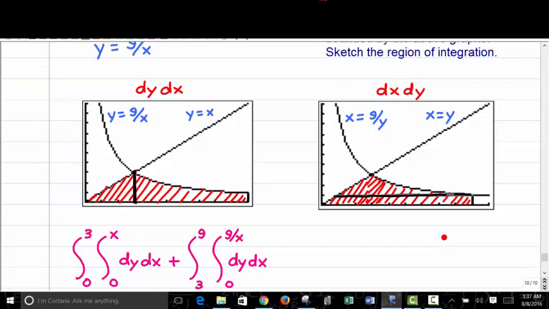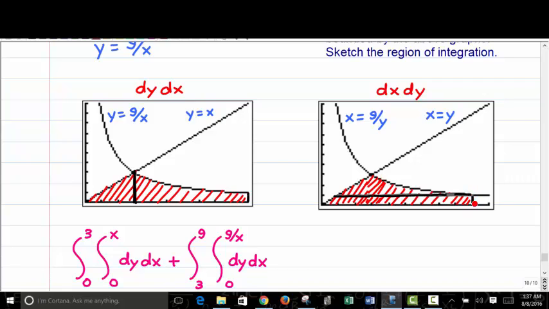Now this one's a little tricky. That's kind of why I was drawing that sketch earlier with that vertical line. It might look like it's the same function left to right. If that curve actually came down and hit the x-axis right there at 9, then it would just be one double integral. But it's not. The curve comes down at 1.